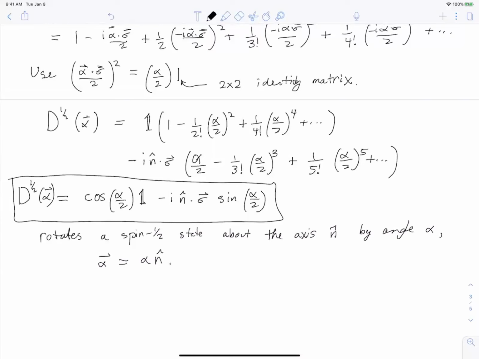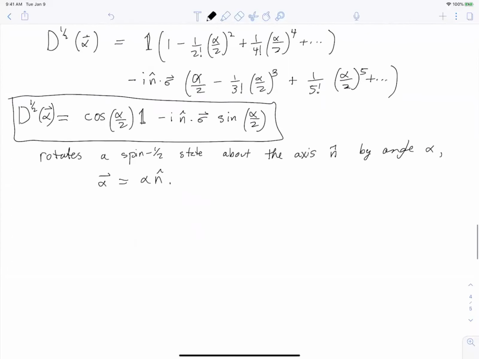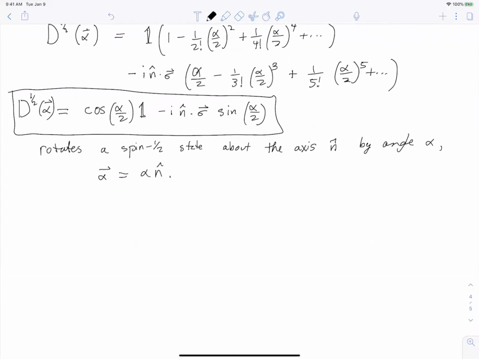So spin 1/2 is kind of special in this way because you can sum up the infinite series in this way. It's not so easy for any other values of j. So for larger values of j you often have to worry about specific angles. And you can have your computers do the sum for you because it's just some matrix algebra, and computers are really good at that.